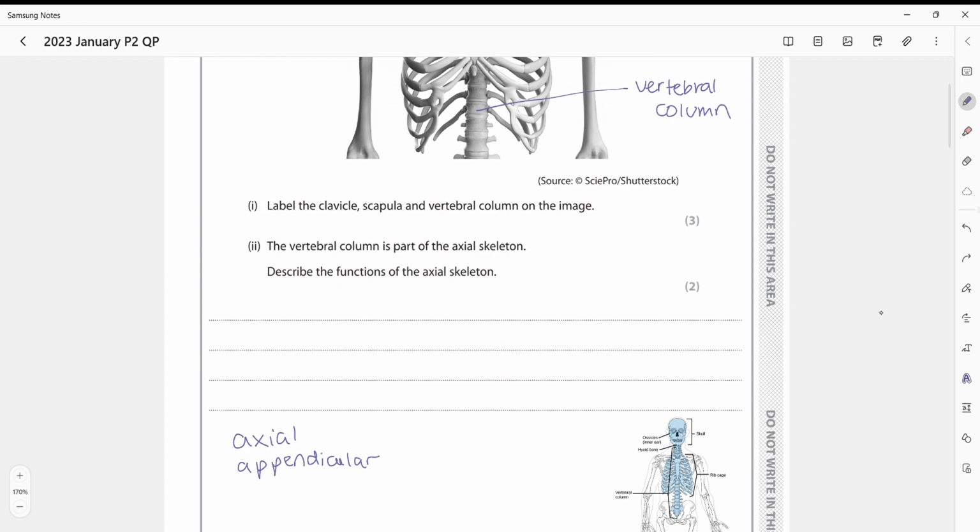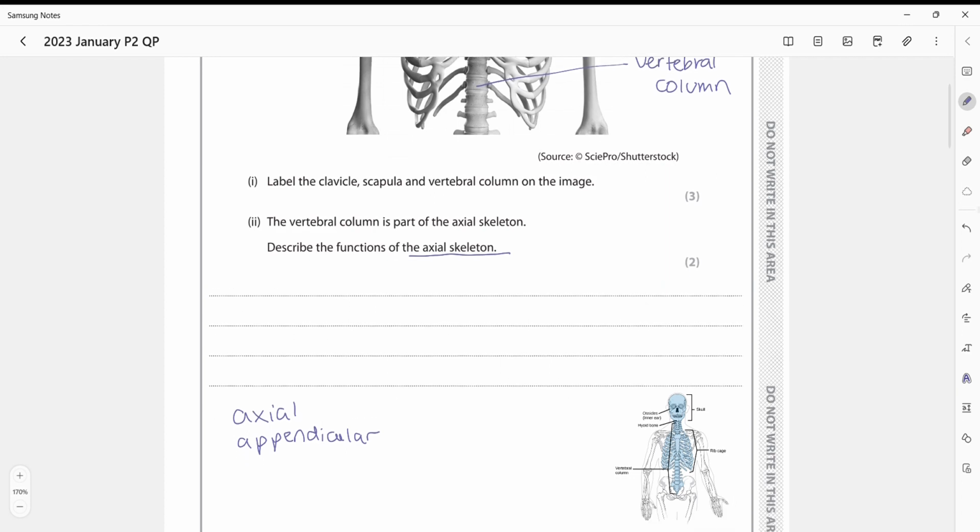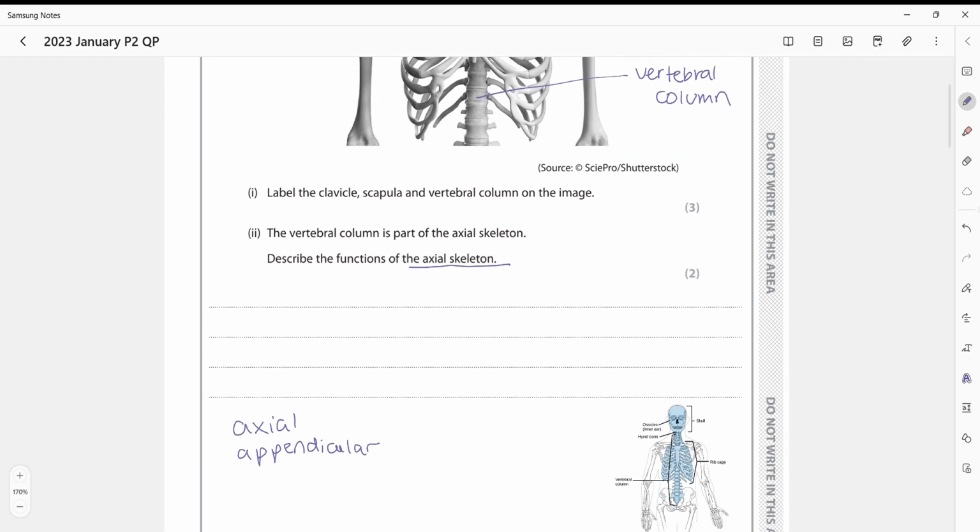So going back to this question, describe the functions of the axial skeleton. Well, number one, it's there to protect your internal organs and also to support the body as well. So the function is to support the body and to protect internal organs.